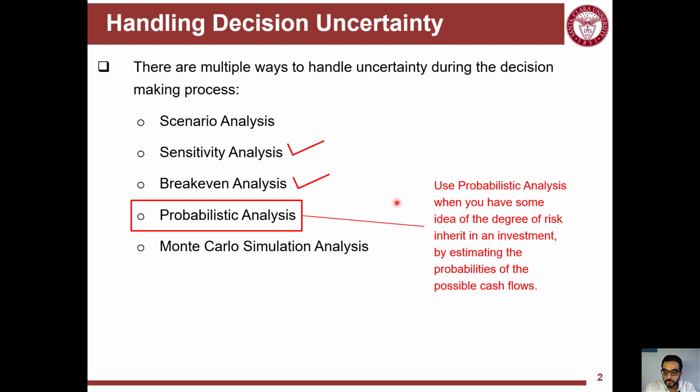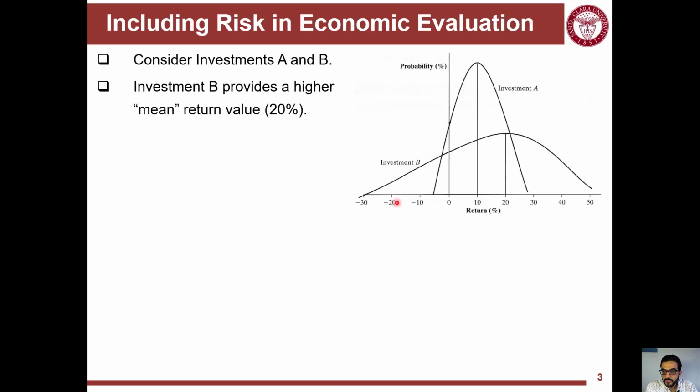But now, let's say we know the probabilities of the possible cash flows. We know what most probably will happen, or what's the least probable cash flow. That's extra information that will help us do a more elaborate analysis and give us more insight into the uncertainty in the project.